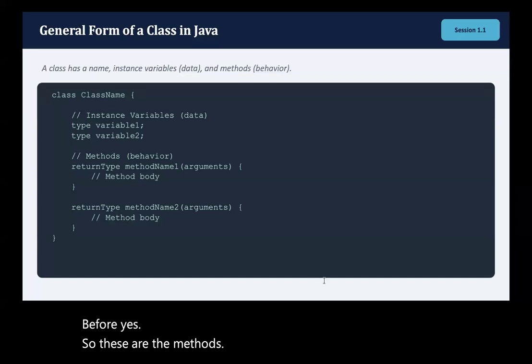A class contains data and behavior, that is methods. Data are the variables and behavior are the methods. Together they describe an object. Are you getting it? Yes, madam. Okay.